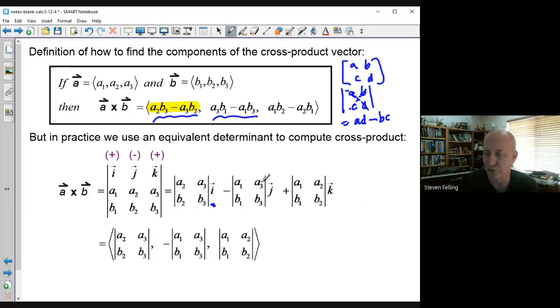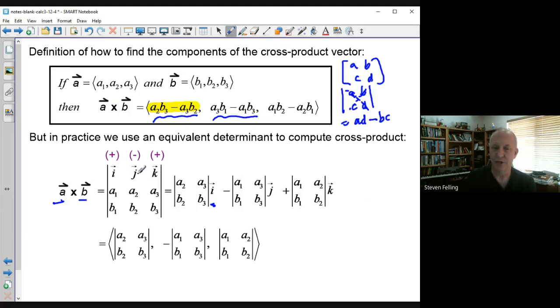So in reality, the way we compute the cross product of A cross B is we form a 3x3 determinant where we put the left vector in the middle row and the right vector on the bottom row, and on the top we put the component vectors for X, Y, and Z, so i, j, and k, just as reminders.